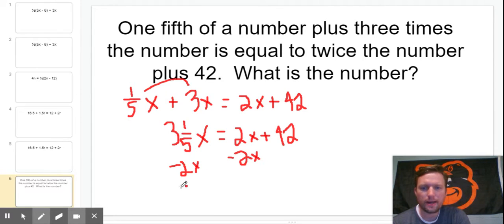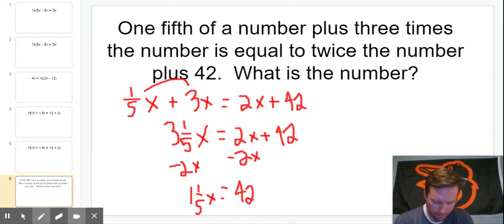Well, 3 minus 2 would be 1 and 1/5 x equals, and on this side, I'm left with, that's right, 42. Okay, now, what's my next step here? What do I need to do? I need to do the inverse operation.